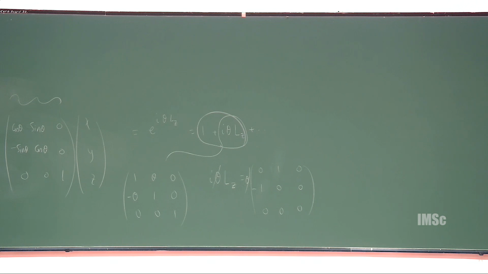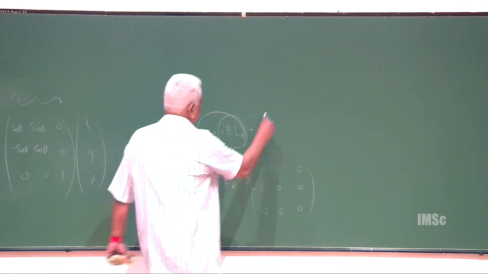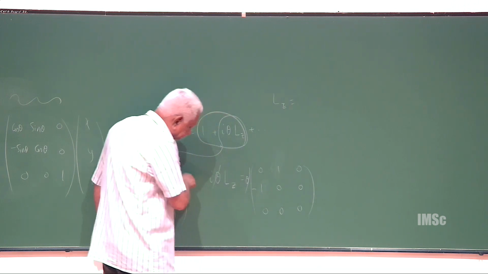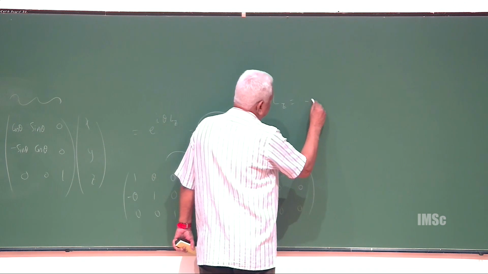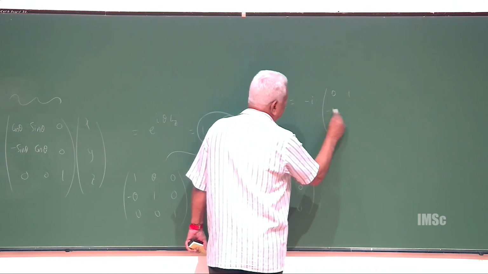So what can I do? If I know this Lz, for that I should multiply by minus i. If I multiply by minus i, it is minus i, 0, 1, 1, minus 1, 0.